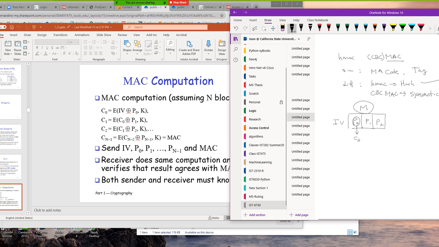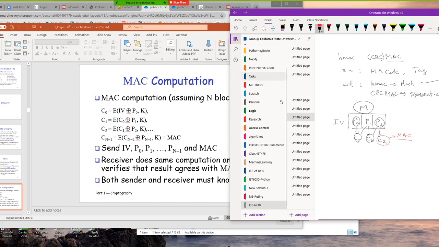Then from P1 and C0 you can compute C1, and then using C1 and P2, you create C2, ciphertext 2. Basically, this last value is going to be your MAC value, the message authentication code.